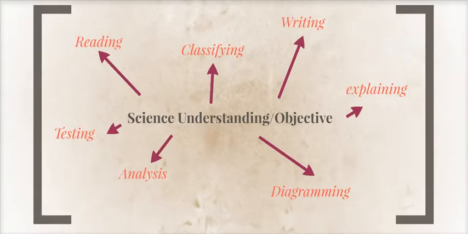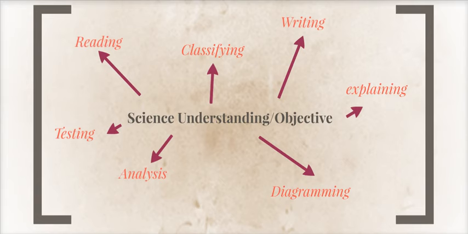So when we do the gather, reason, communicate process in our planning, we should really be thinking about what does that look like. Now, gather, reason, communicate could take various forms. It could be reading and then classifying the information we got from the reading and then writing that back out in some sort of graphic.